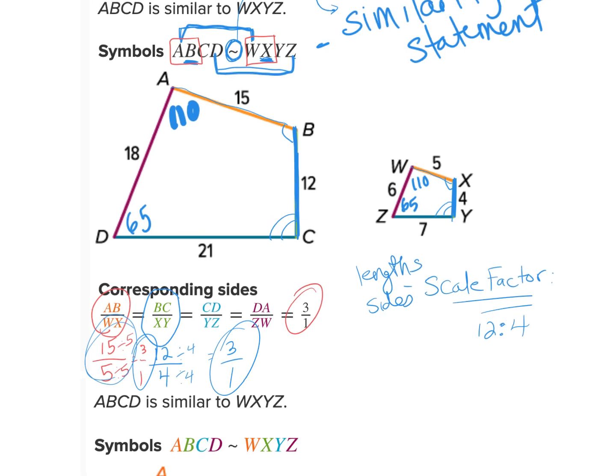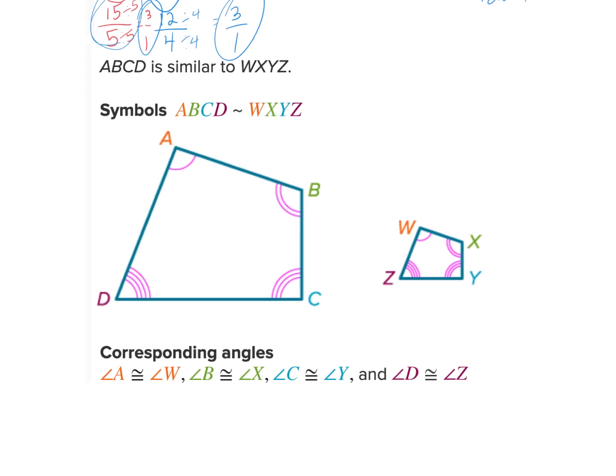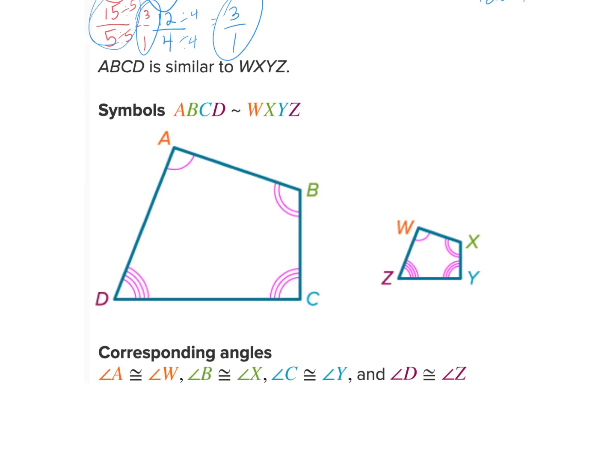Okay. So here you can see a representation of corresponding congruent angles. Because you see here A has a single arc, W has a single arc, D has 4 arcs, Z has 4 arcs.